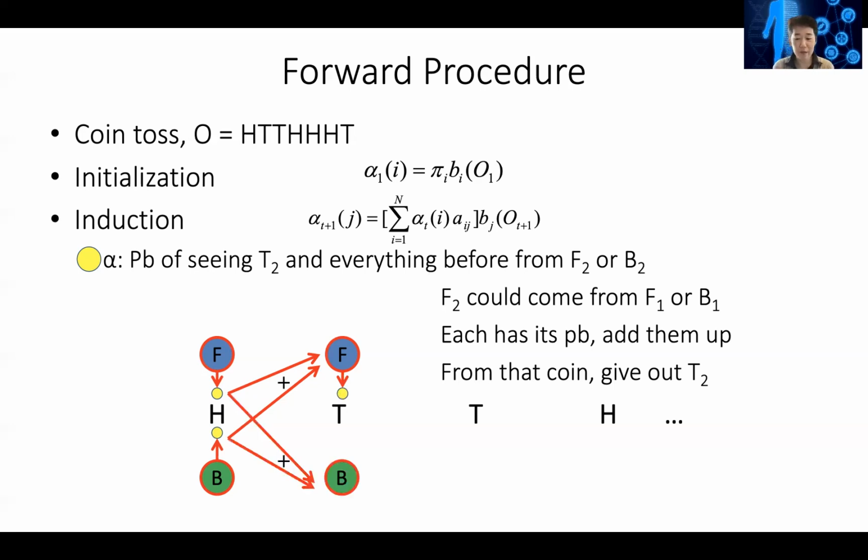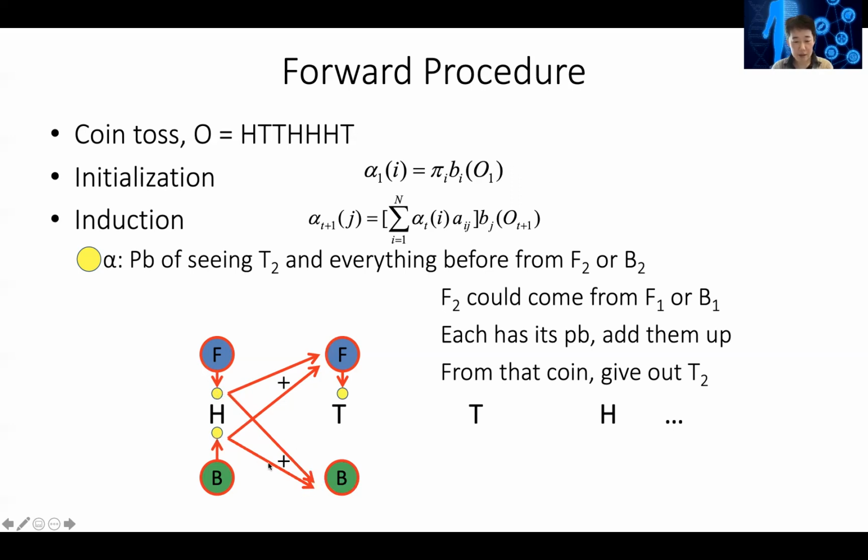We can do the same thing for this other side. What's the probability of using a biased coin in order to get a tail here and everything before? Well, if that previous coin was coming from a fair coin, we multiply this yellow alpha number here by the transition probability from the fair coin to the bias coin.